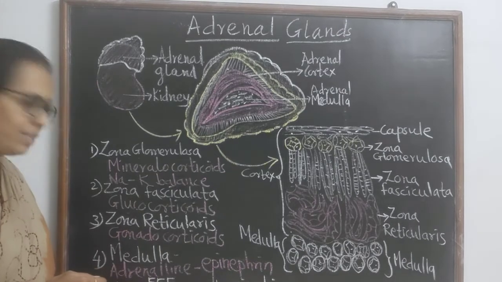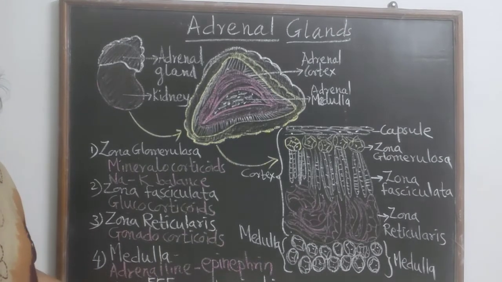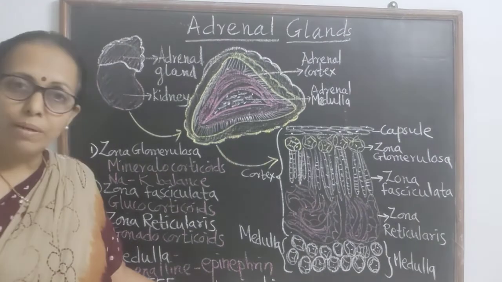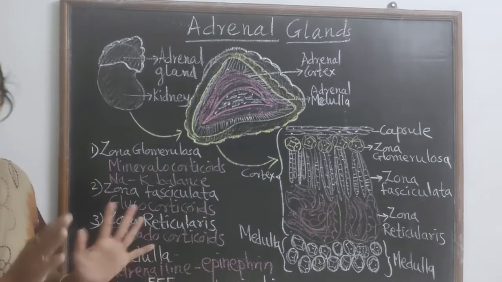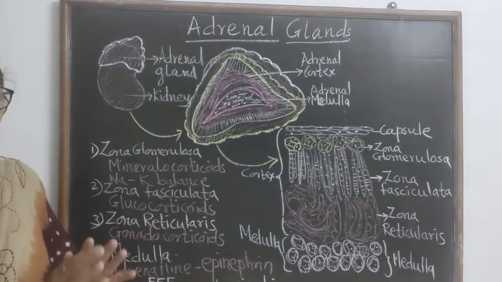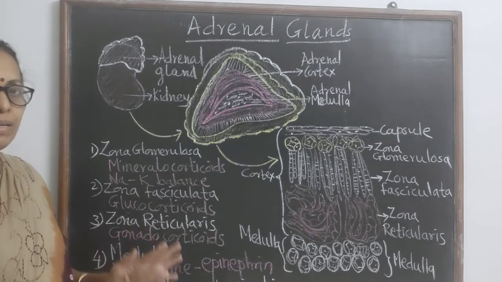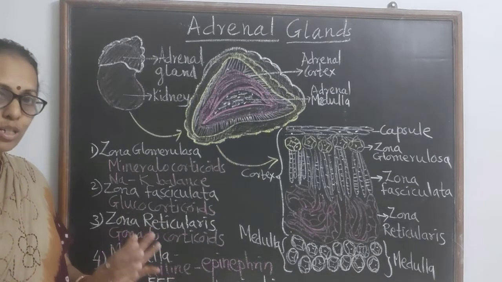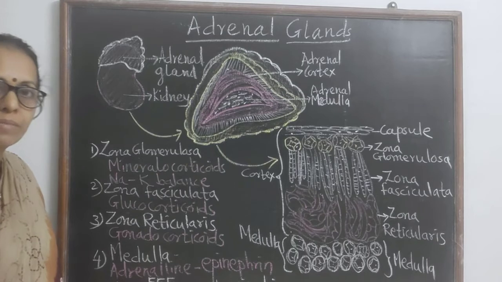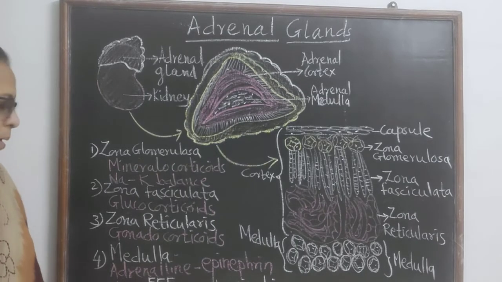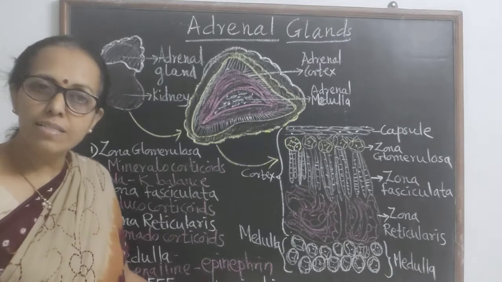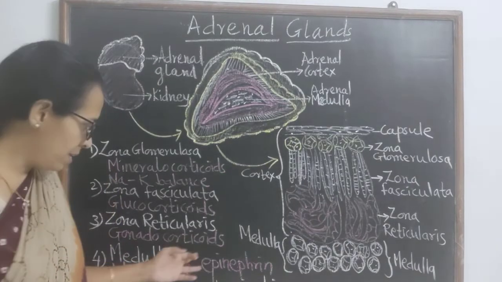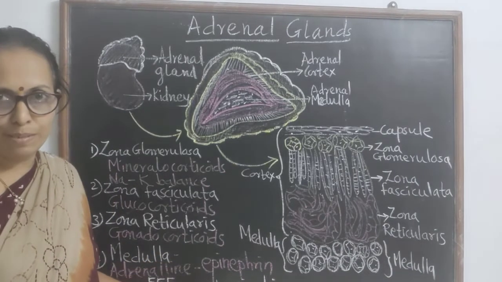One more is noradrenaline, or norepinephrine, exactly antagonistic, opposite to this. When we are resting, doing nothing, when our body is in a relaxed condition, not in emergency, at that time noradrenaline is secreted to nullify the effects of these.